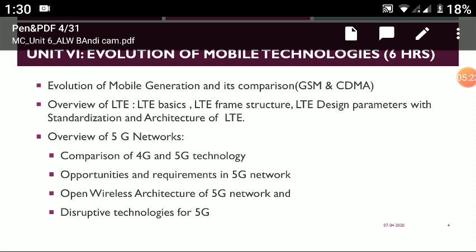While establishing the 5G technology in the countries, what are the opportunities, what are the requirements, what equipment is required, ultimately we are going to cover in this particular unit. The open wireless architecture of the 5G, then ultimately we will go through the disruptive technologies of the 5G technologies.